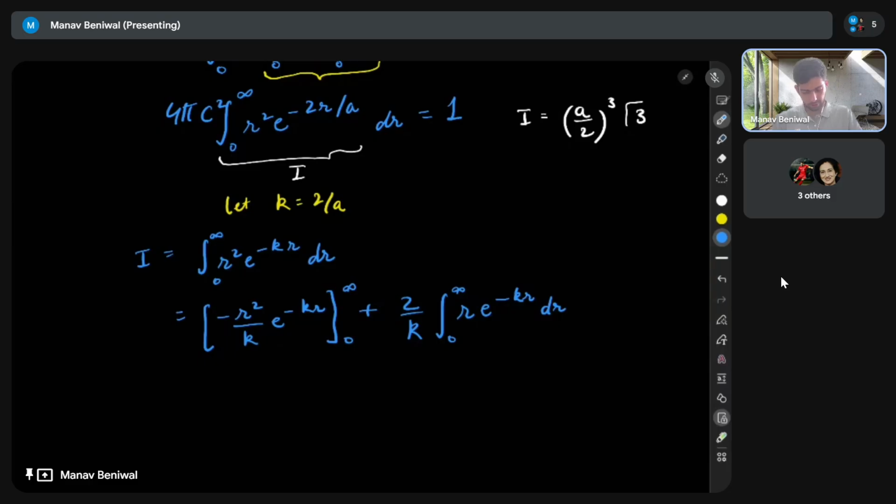When we put the limit infinity, this term goes to 0, and when we put the limit 0, the first factor goes to 0, so this term entirely goes to 0.